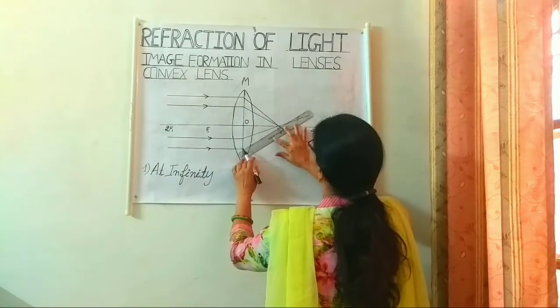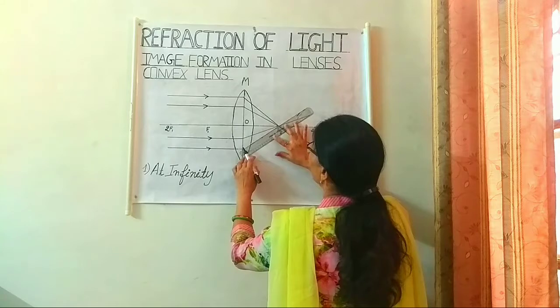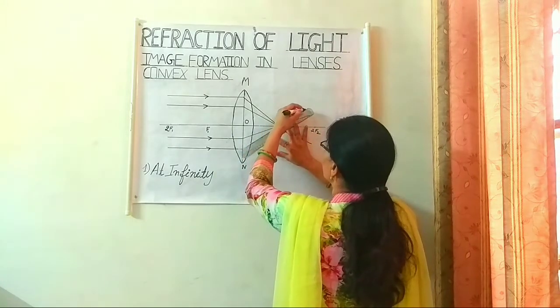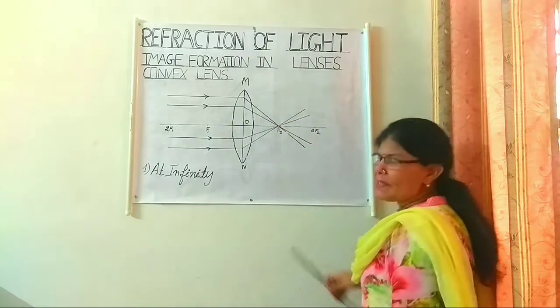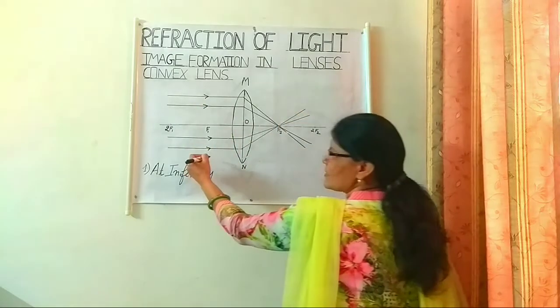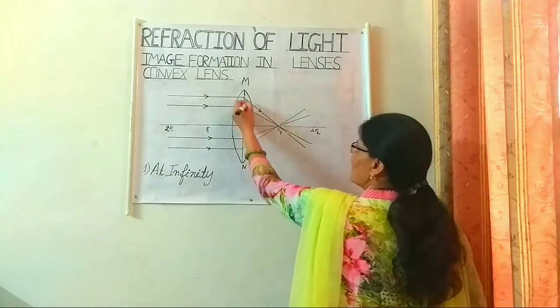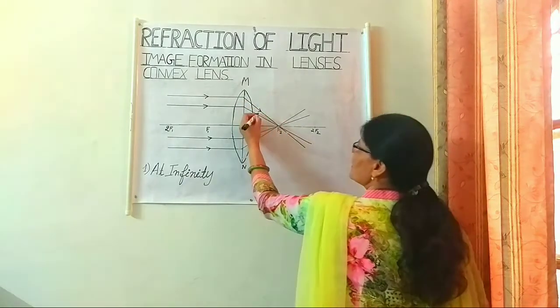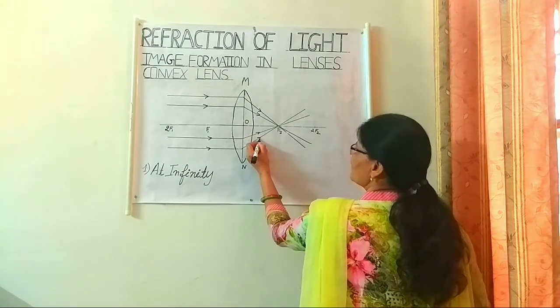In the same way, this incident ray will also pass through the focus according to our first rule. When the incident ray comes parallel to the principal axis, it will pass through the focus. And we have to put an arrow like this. This is the refracted ray, this is the refracted ray, this is the refracted ray.